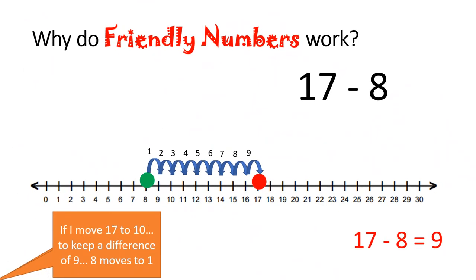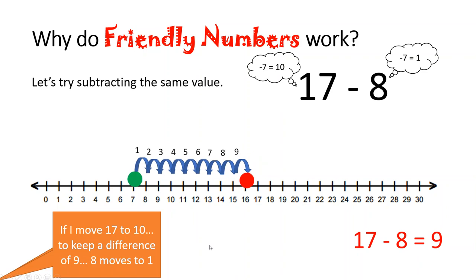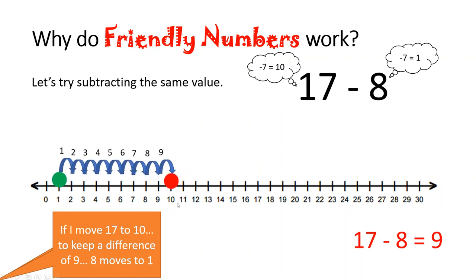Does it always work? What if I wanted to move it the other way? So let's start back at 17 minus 8. Remember, there's this invisible rope right here that keeps them the same constant distance apart. What if we took away 7? So 17 minus 7 is 10. What do you think is going to happen to that 8? Let's see. That's right.